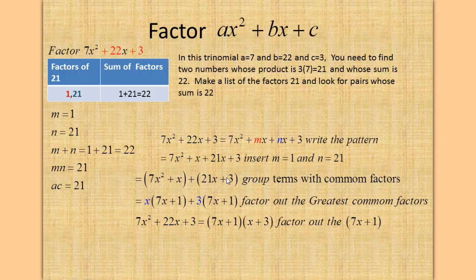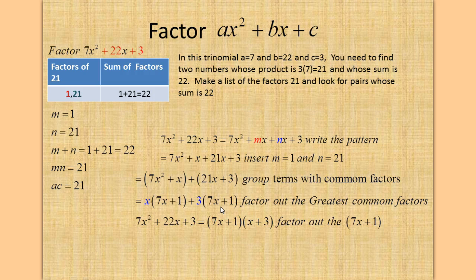Then we group terms with common factors. We factor out x here: x times 7x is 7x squared, and x times 1 is x. We factor out a 3: 3 from 21 leaves 7, and 3 from 3 leaves 1.